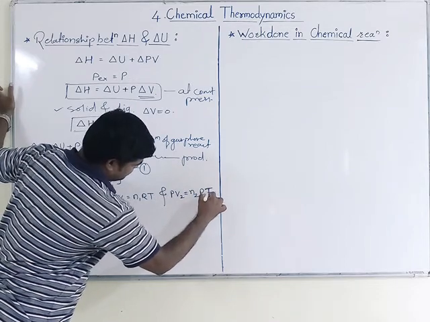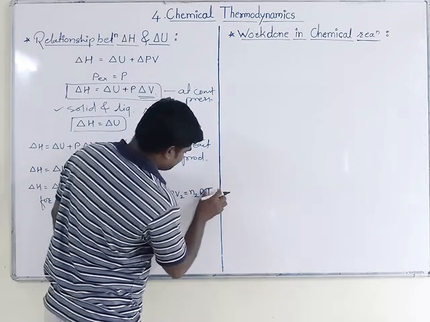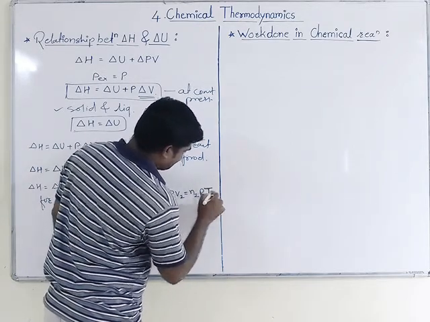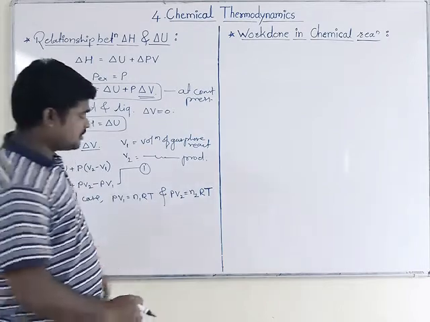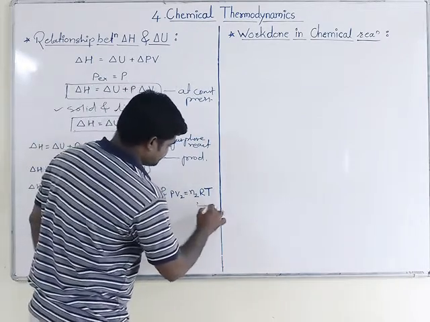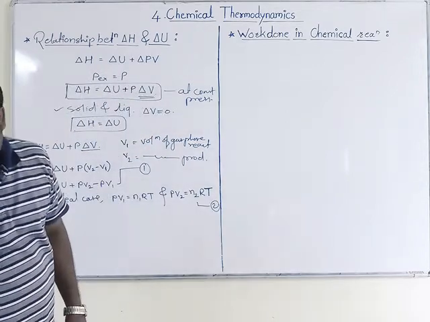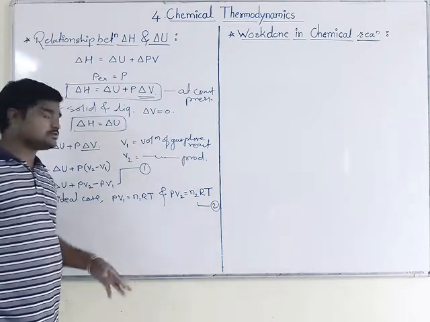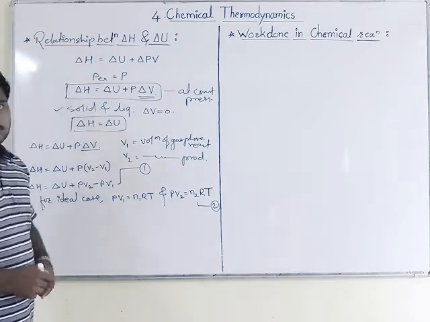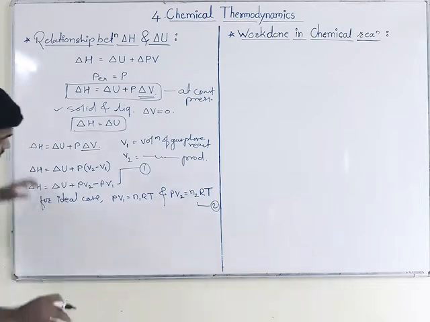So these are the two terms which I have got if I consider this equation for the ideal case. I will call both these terms equation number 2 for our simplicity. And if we substitute these two values in equation 1, then you will get the final term like this.